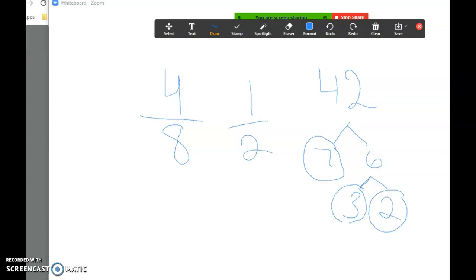Nice. Good work. Okay, Izzy, I want you to find an equivalent fraction to, let's do 1/4. What is a fraction that is the same as 1/4, but represented by a different fraction?